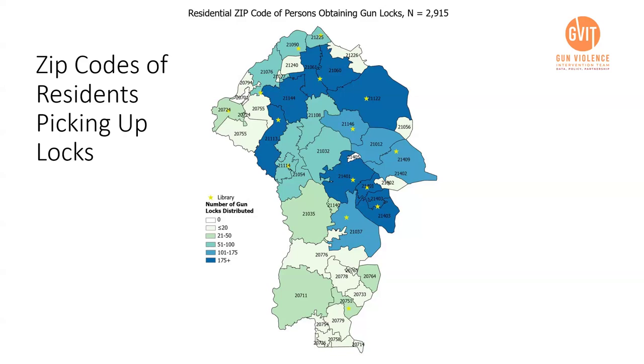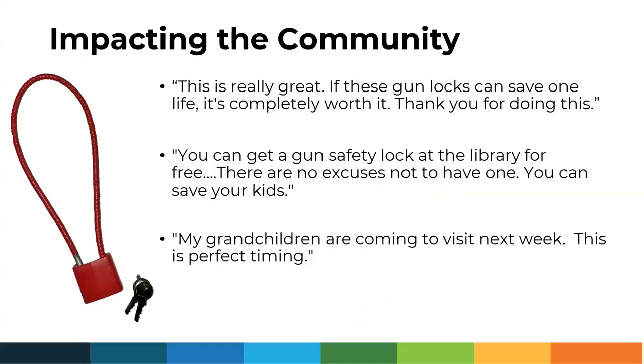So if you're asking folks who live in the southern part of the county, which is less densely populated, to drive to a more densely populated area, they may be looking at a 30-minute to an hour drive to pick up a gun lock. So having these libraries in neighborhoods and local really helps a lot. Okay, next slide, please. All right, I'll hand it back to Gloria.